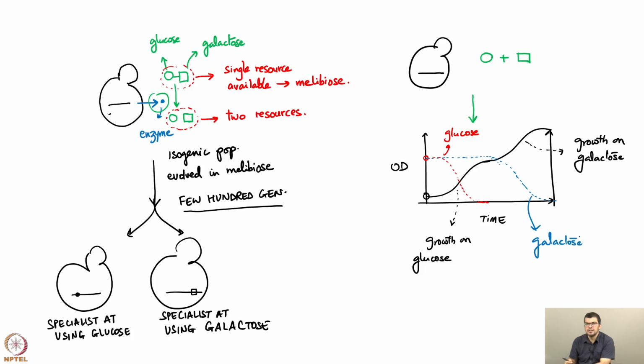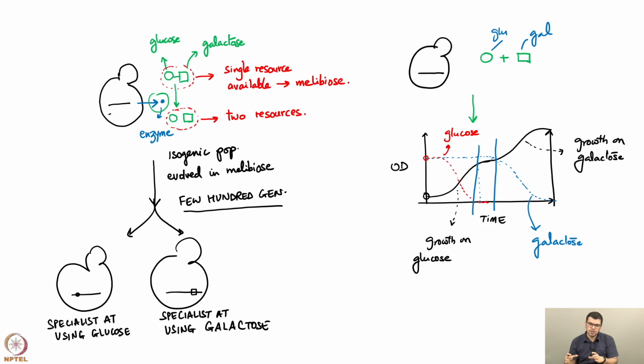The point being that at any given point in time, growth is happening on a mix of glucose and galactose. Up until this point, everybody in the population is growing on glucose, and after this point, everybody in the population is growing on galactose. So, the entire population has shifted from glucose to galactose.